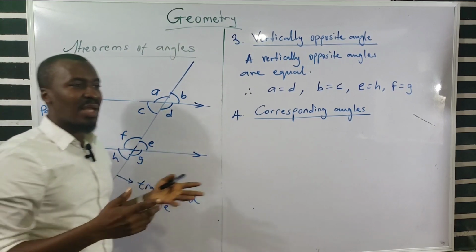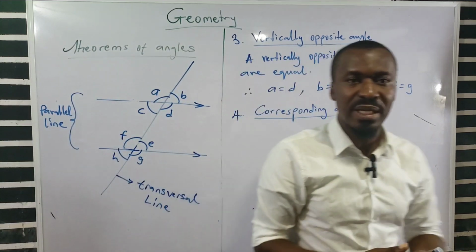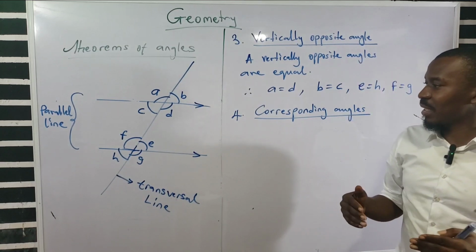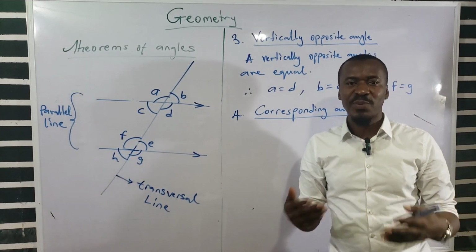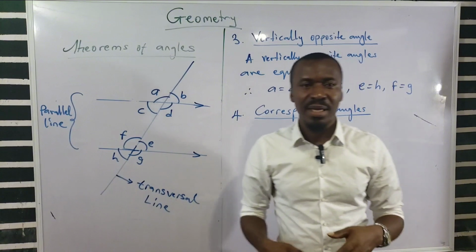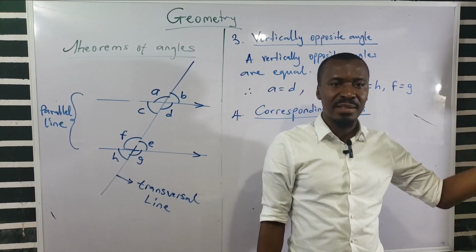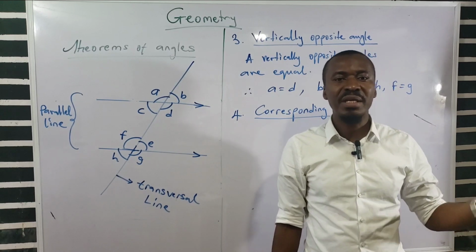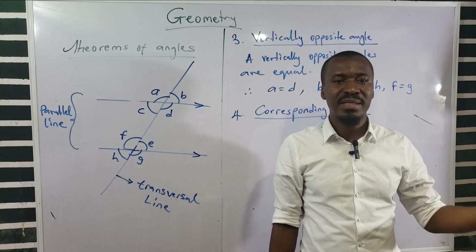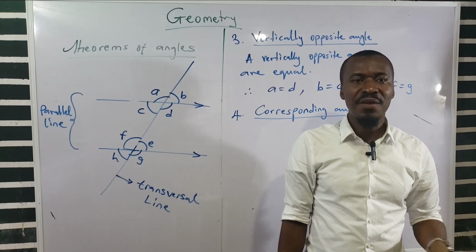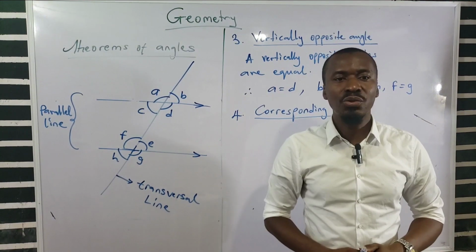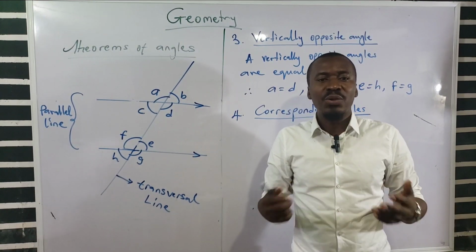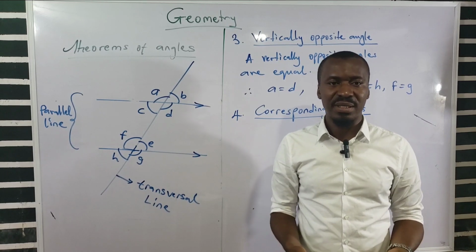Now, there's a way I describe this to my students. I always say, when we say corresponding, it means that if I bring out my right hand and you bring out your right hand, we are bringing out the corresponding side of our hands. If I jump up and you jump up, we are doing a corresponding activity.